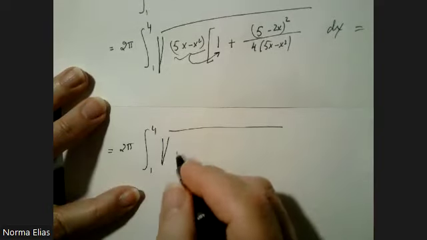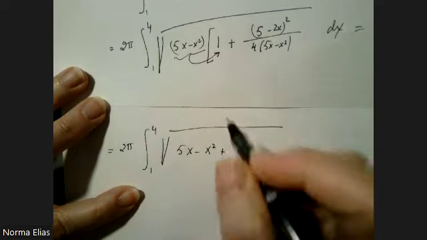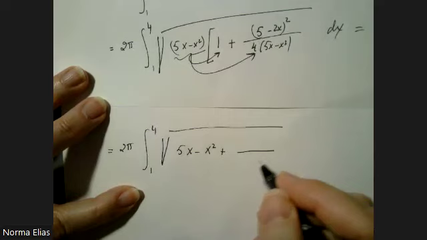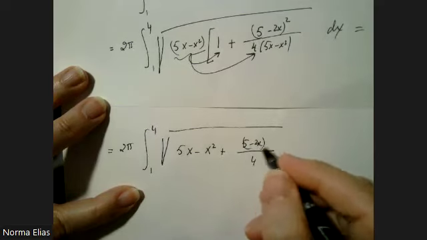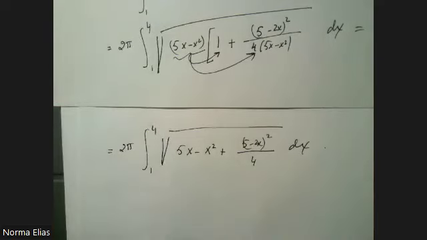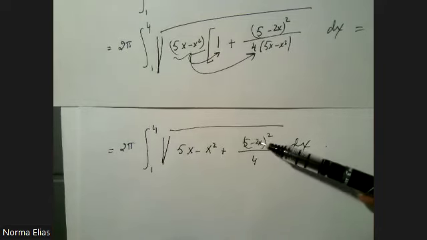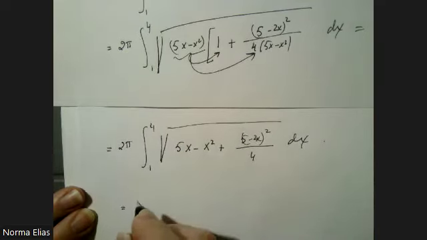I multiply this by that, give me 5x minus x squared. Then I multiply this by this quantity. I will have 4 down here, and here I will have 5 minus 2x squared dx. Okay, so the last step looks really messy. We're going to find the common denominator and expand this term and hope for the best.